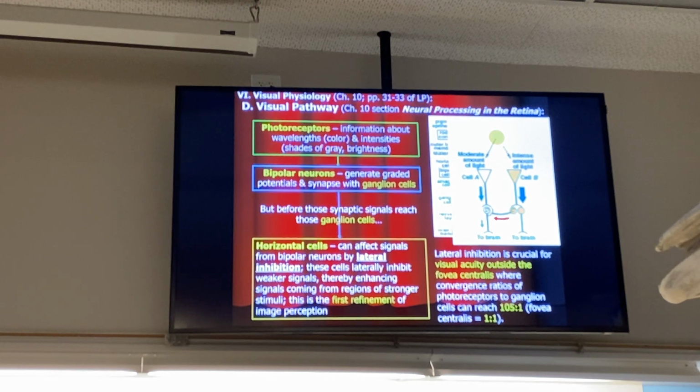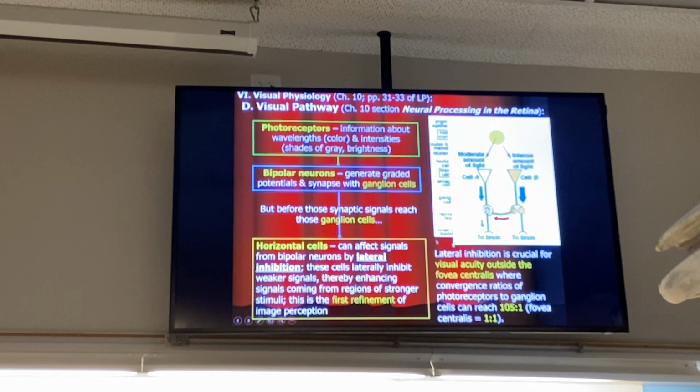Is it just because the cranial nerve is connected to the brain? No, it's because this refinement is not something that happens in the peripheral nervous system. So, if it's just brain and spinal cord, retina's gotta be part of the brain. Any questions?